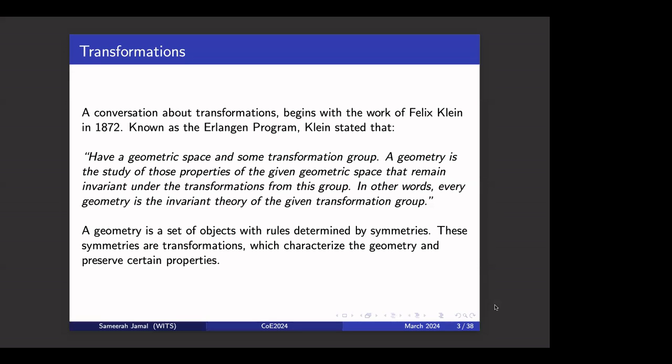By invariant, we mean apparently unchanged by the transformation. So in other words, geometry is the invariant theory of some transformation group. We can extend this to include symmetries and say that a geometry is a set of objects with rules determined by symmetries, and these symmetries are transformations which characterize the geometry and also preserve certain properties.